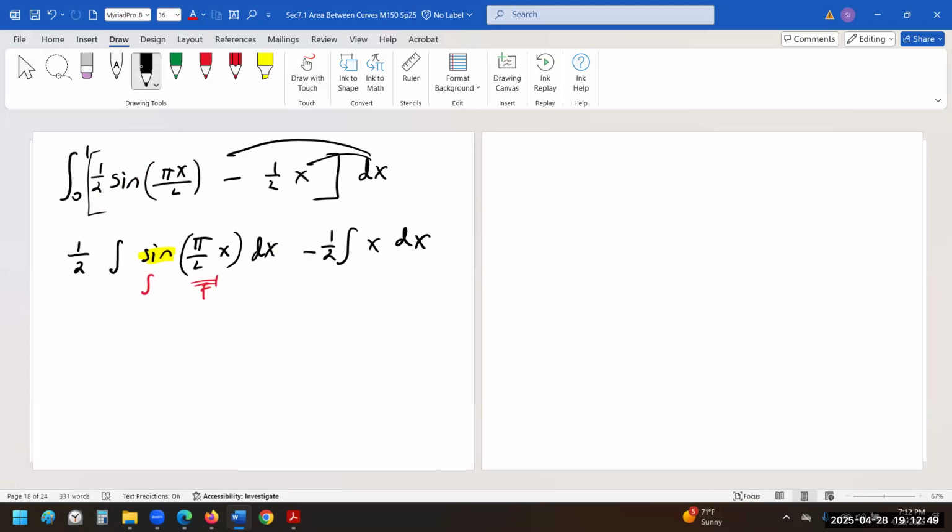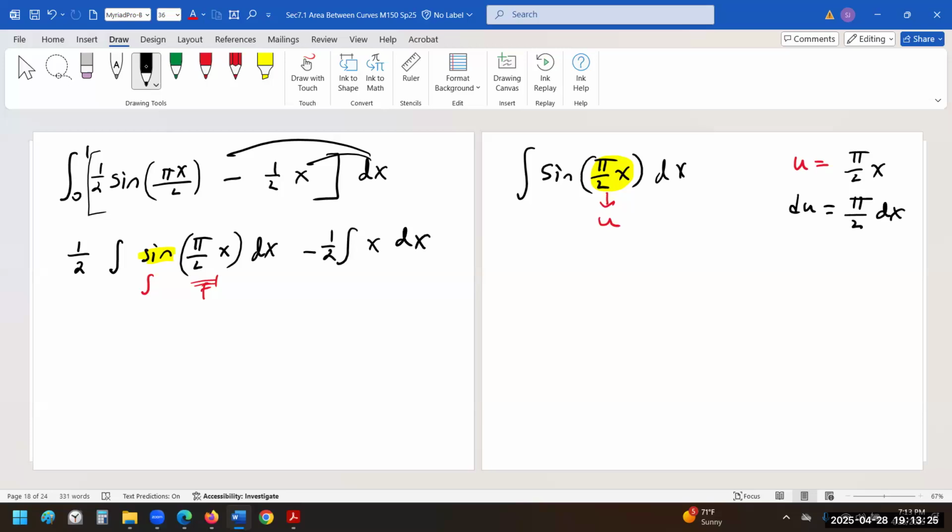So let me remind you about the U substitution if you forgot. If you have sine pi over 2x dx, whatever we have inside here should be U. Because if sine is U, we have to be given the derivative of sine, which is cosine, but we are not given cosine. So sine cannot be U. U has to be the inside. So if u is pi over 2 x, our du is pi half dx.